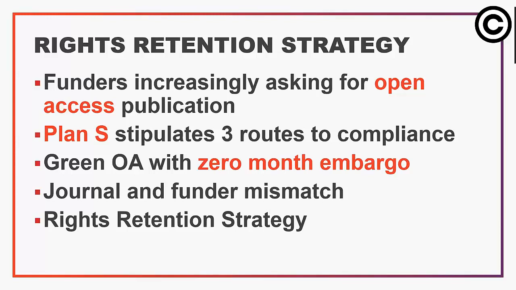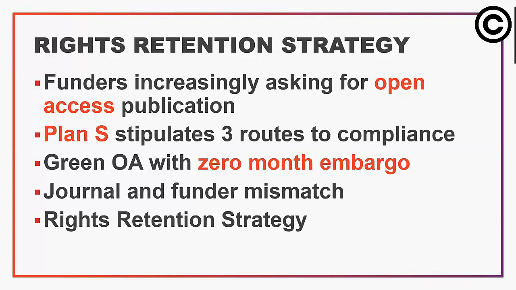They're just three of a fairly large group, and any funders that are part of Coalition S must abide by Plan S, which is this set of rules which aims for full and immediate open access to all publicly funded research.